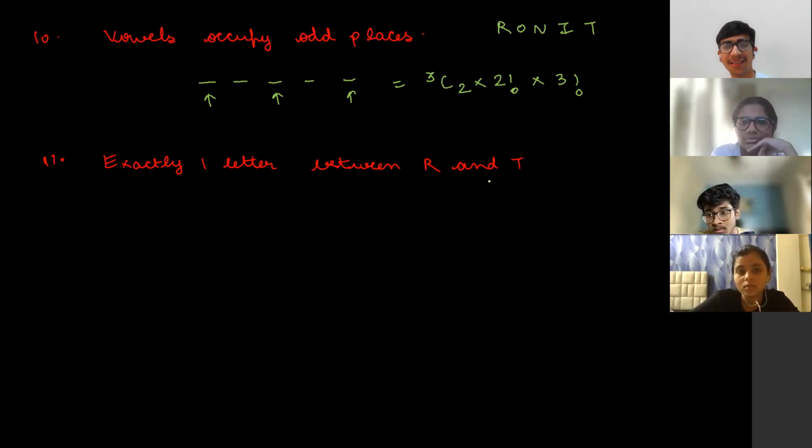Okay, nice. How many of you agree with this? The question is odd places should be occupied by vowels. All 3 odd places must be occupied, but there are only 2 vowels. So exactly, this case is not possible at all. So write, madam, the question is wrong, don't give such questions.